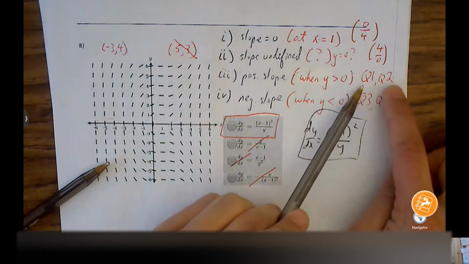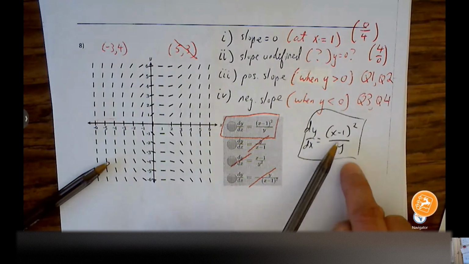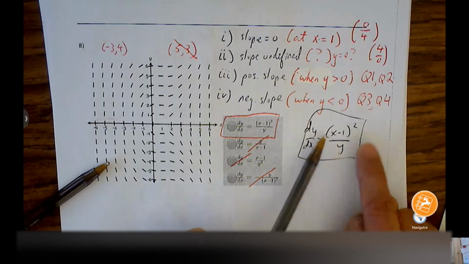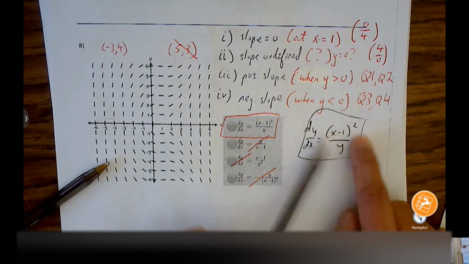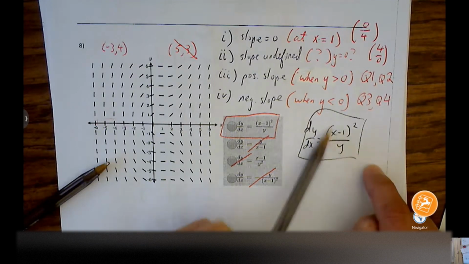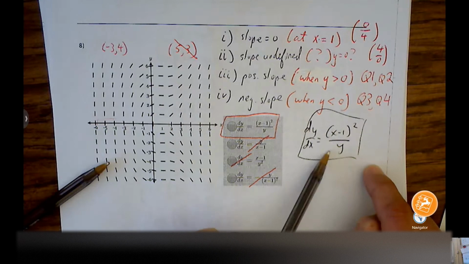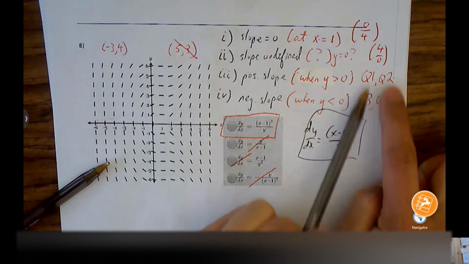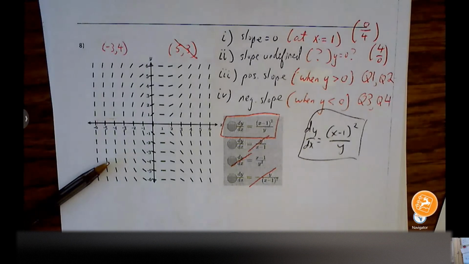Positive slope, whenever positive y value, we're getting a definitely positive. So it looks like the denominator is driving the sign of the slope. The numerator is always positive. So whenever y is positive, we know that this overall slope is going to be positive. Whenever y is negative, we know this overall fraction is negative. So that's consistent with statements 3 and 4.